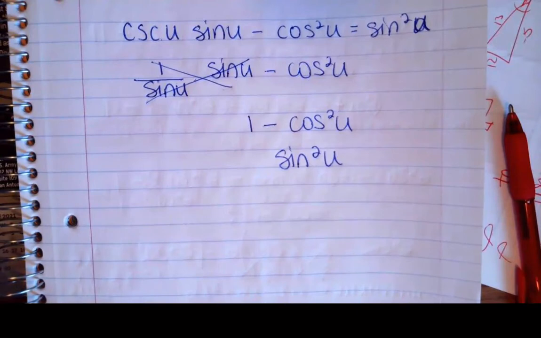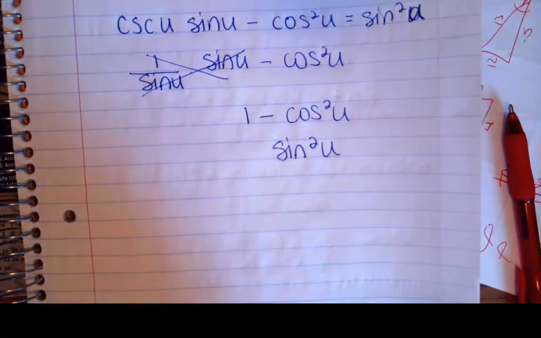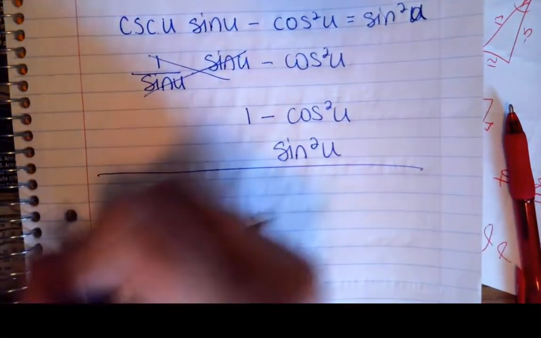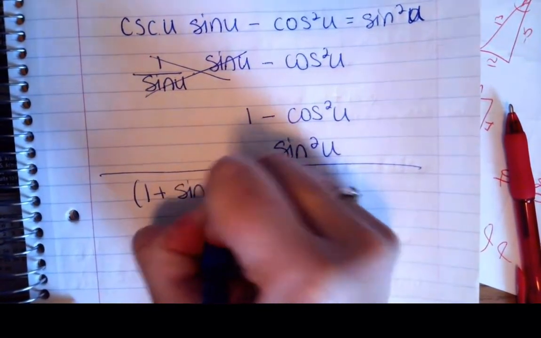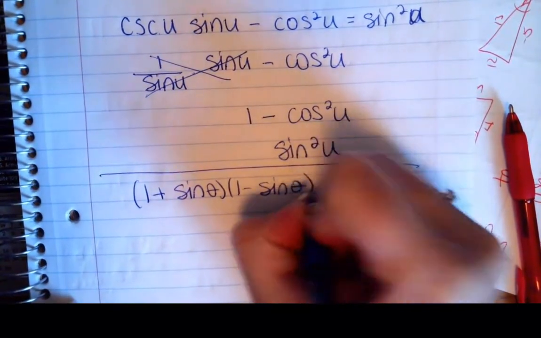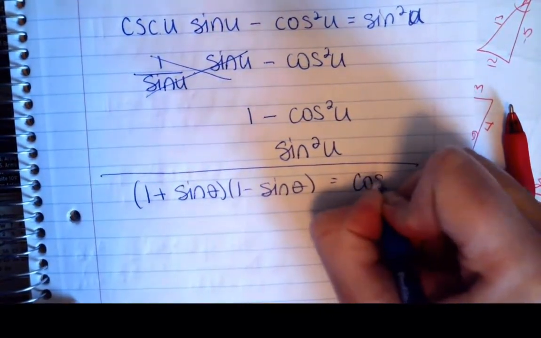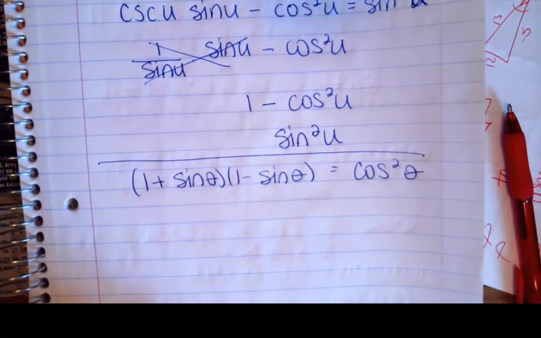Again, they're going to give you little prompts because it ends up being a little bit overwhelming if you don't do the little prompts. So I've got a 1 plus sine theta and I've got a 1 minus sine theta, and I want that to equal cosine squared theta. So what's something I know how to do?